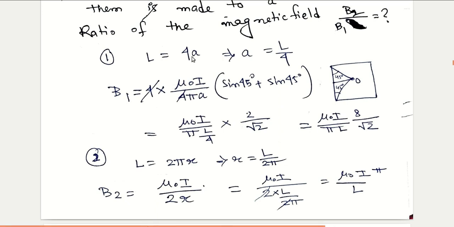So a will be L by 4, and the magnetic field due to one side is basically mu0 I by 4 pi a into sine 45 degree plus sine 45 degree, because this angle is 45 degree and this angle is also 45 degree. There are 4 sides, so I have multiplied by 4 here, and from the calculation this will be mu0 I by pi L times 8 by root 2.